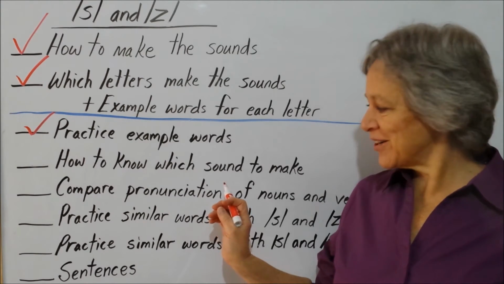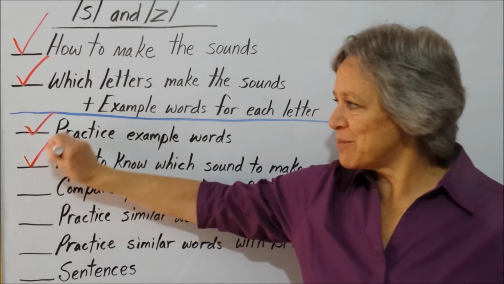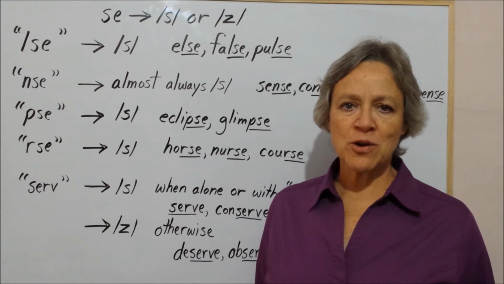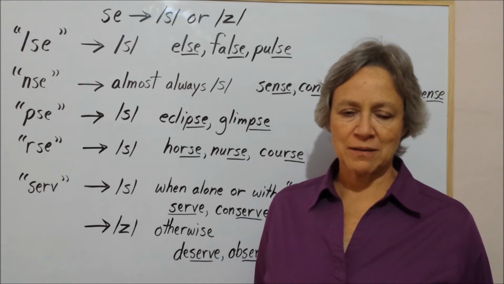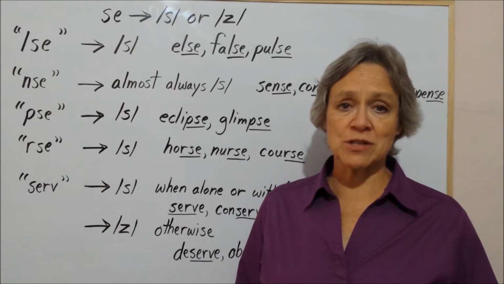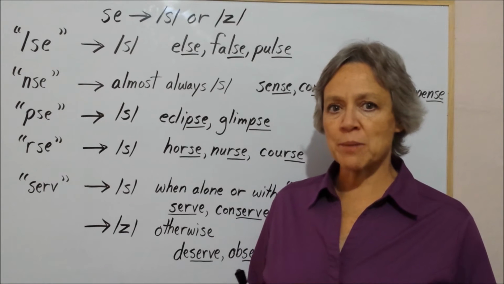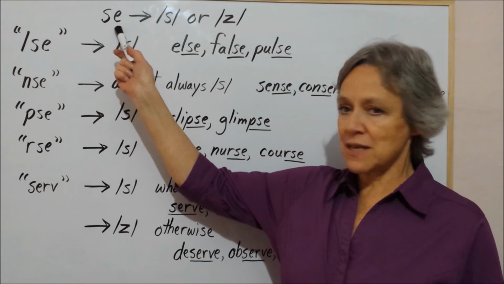Now I would like to discuss how to know which sounds to make. It's not always clear, so I will discuss that a bit, and I hope to give you some good tips. How do we know which sound to make? I do have some observations to share with you, especially about the letters S-E.